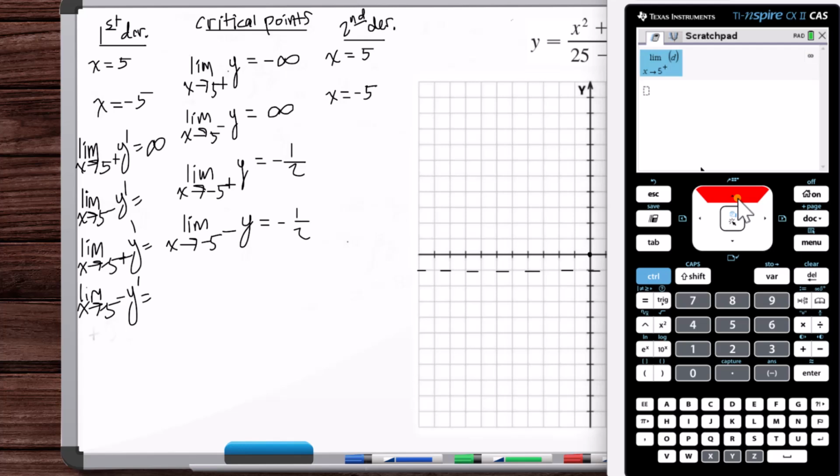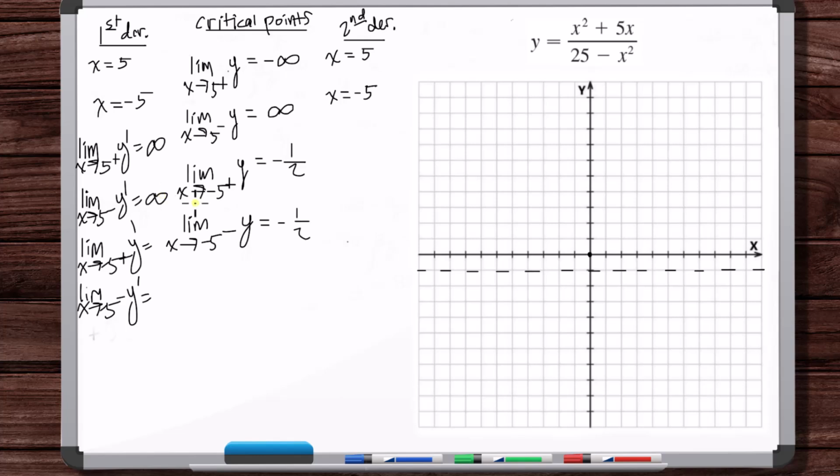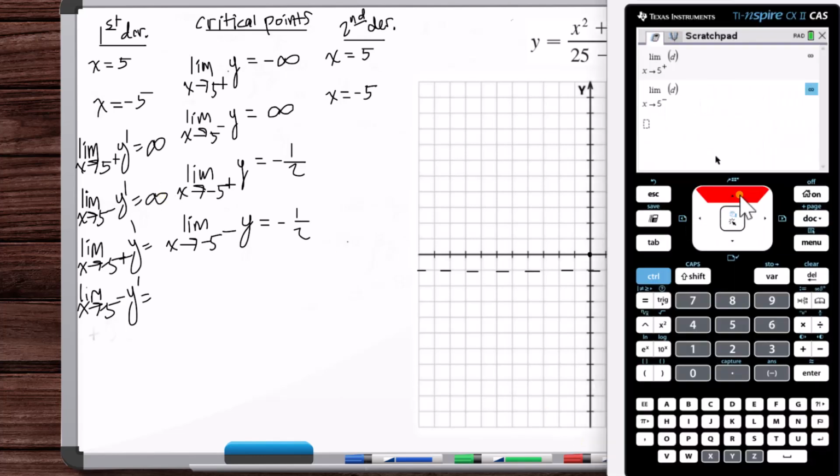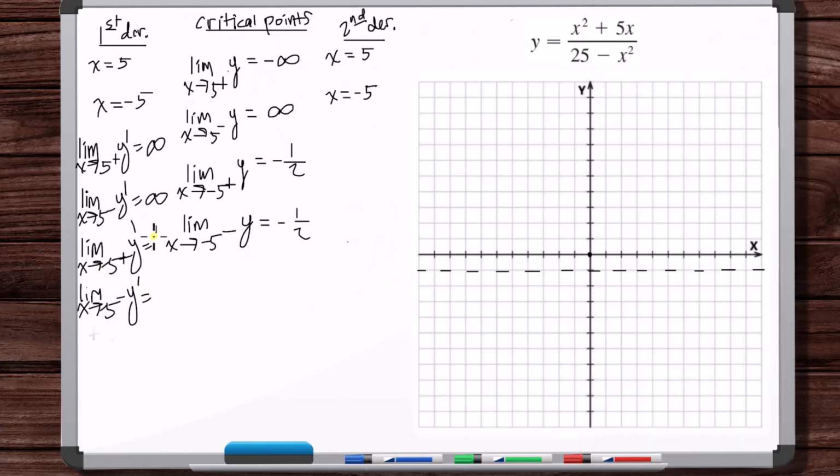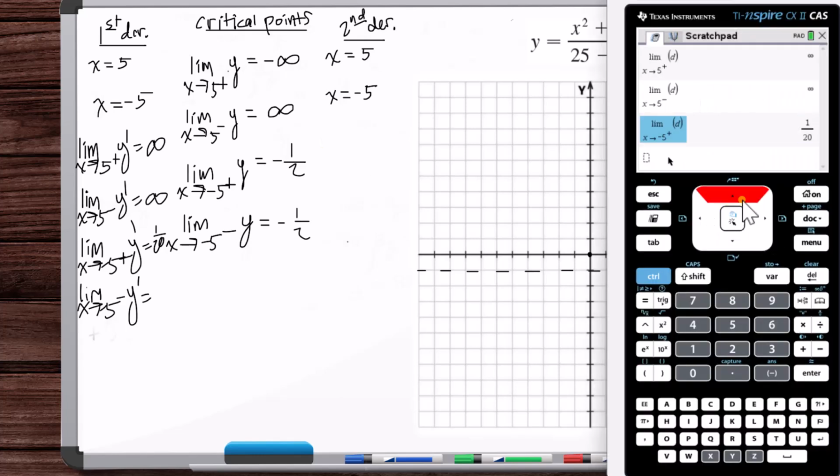From the left, it is infinity. And then at -5 it is 1/20, and this should also be 1/20 from the other side.